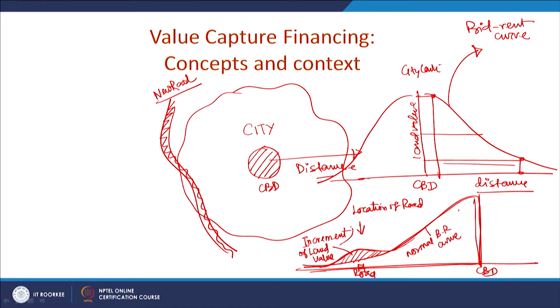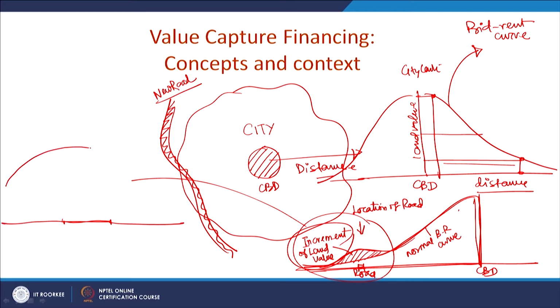Now, if I take a close look at this area, if this is the road and these are the adjoining areas, the advantage of the land value increment will be highest here and slowly it goes down. So, it will be the maximum increment on both sides of the road.